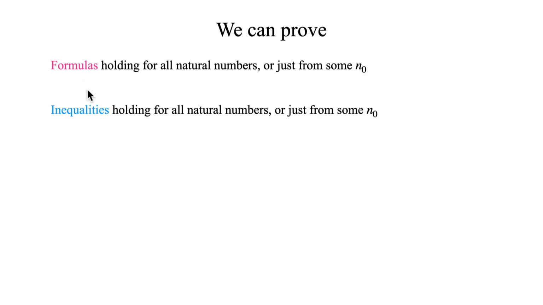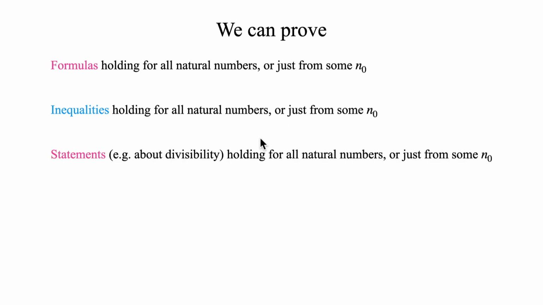Then we can also prove some inequalities holding for all natural numbers or just from some point on. Other kinds of statements are about divisibility, again holding for all natural numbers or just from some starting point.